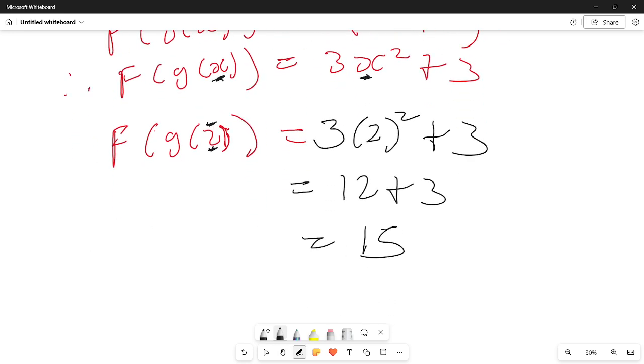So in this case, we have evaluated the function f at g of 2. So the output we get from g has become the input for the function rule f.